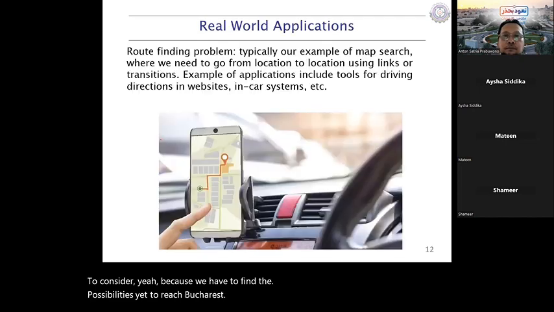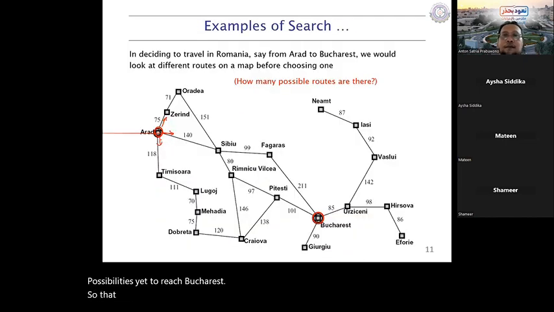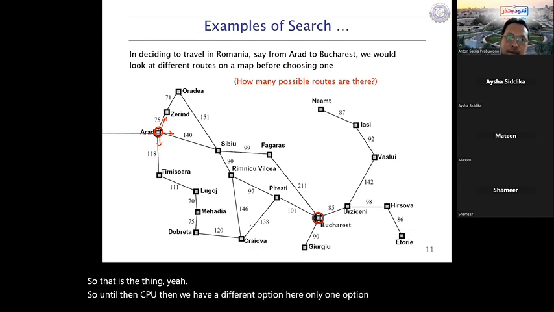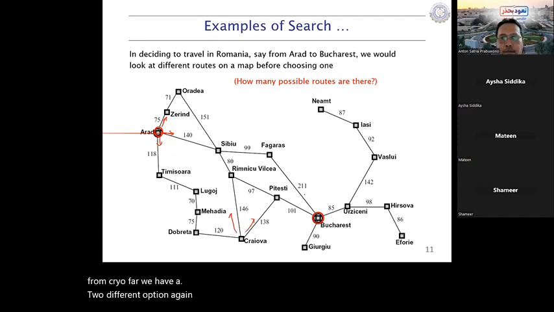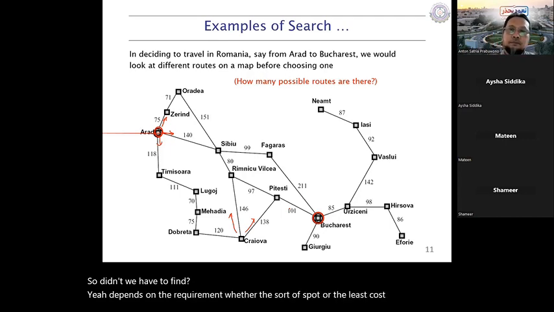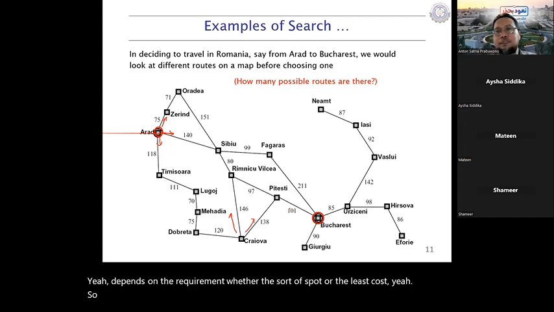Then at one city we have a different option. Here there is only one option, go here, and from Craiova we have two different options again. Then we have to find the best one, depending on the requirement, whether the shortest path or the least cost. So based on the search, we can solve this kind of problem.